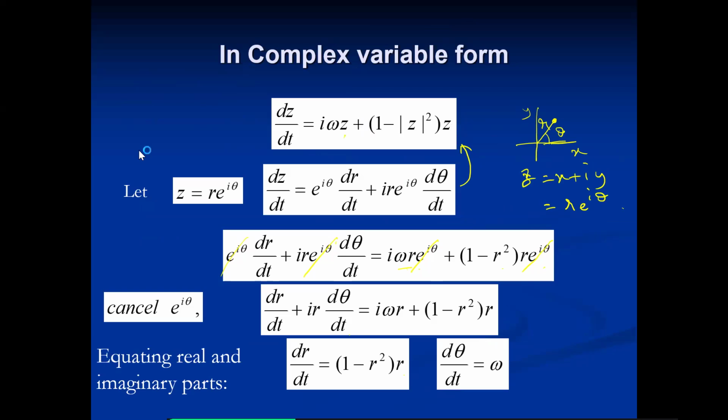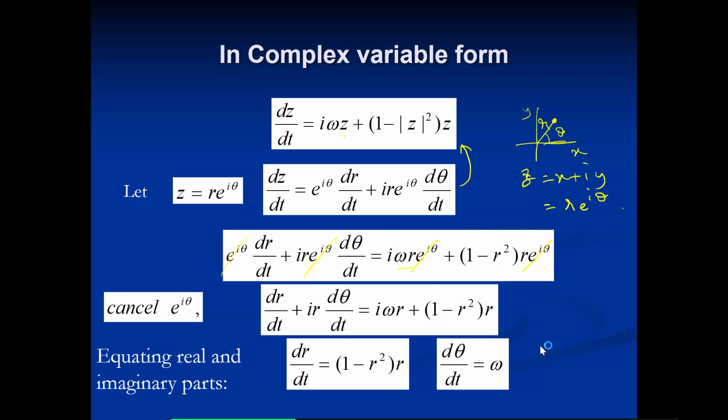Now, how do you know that this and the first equation are both the same? Very easy to show. Let us express z in polar coordinates like this: z is equal to r into e power i theta. If you plug it in and do some reduction, you get this, and if you separate real part and imaginary part, you get dr by dt is equal to (1 minus r square) into r, and d theta by dt is equal to omega.